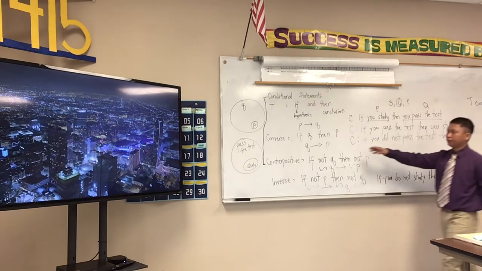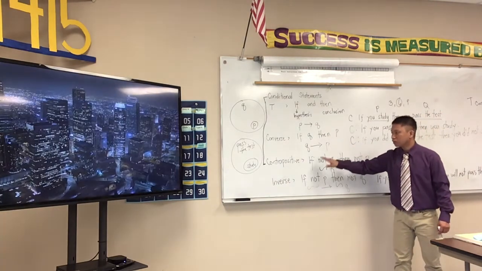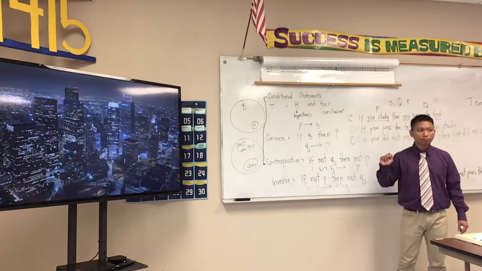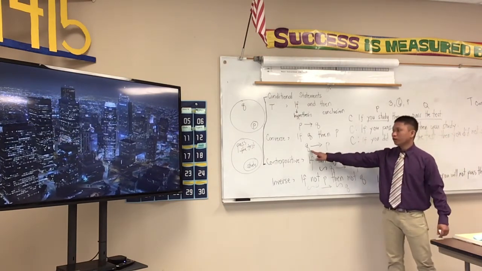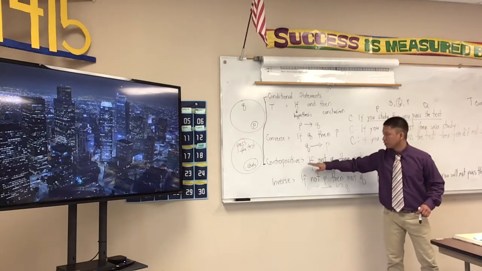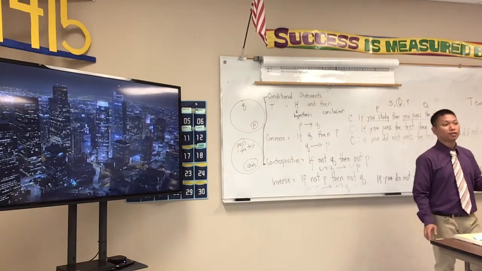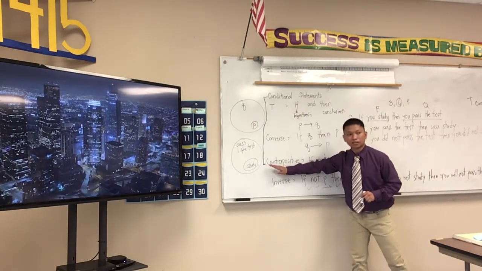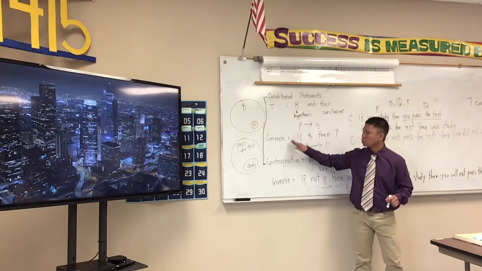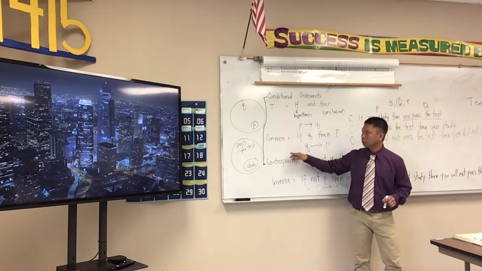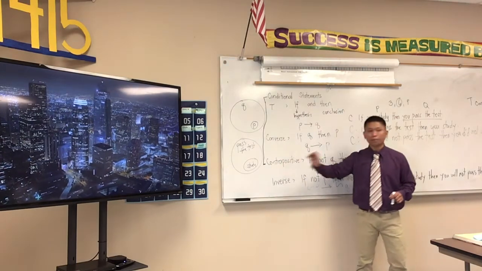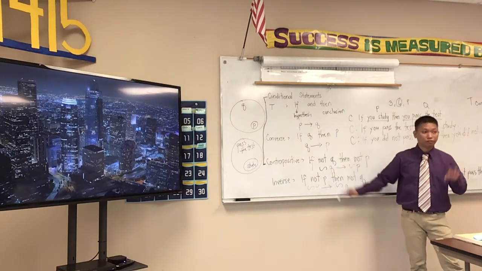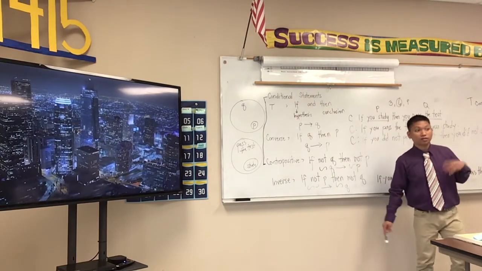The converse, if Q, then P. The contrapositive, if not Q, then not P. The converse and the contrapositive go the same way, it's just the word not. But always remember the conditional statement and the contrapositive are equivalent. These two are not equivalent statements because the converse is different from the contrapositive. So the converse can be true and the contrapositive false.